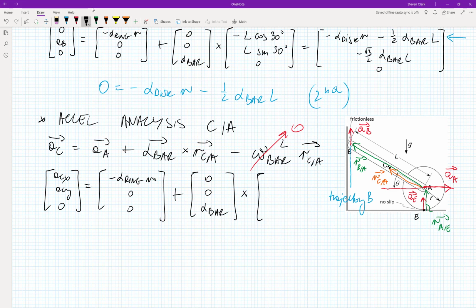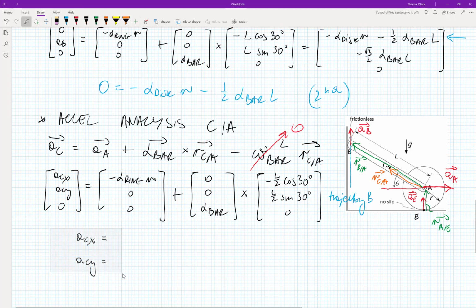And this vector will be minus L 1/2 cosine 30 degrees, L 1/2 sine 30 degrees, 0. Okay, guys, and if you solve this vector equation, you will end up with the following expressions for our ACX and ACY. Here they are, coming your way.